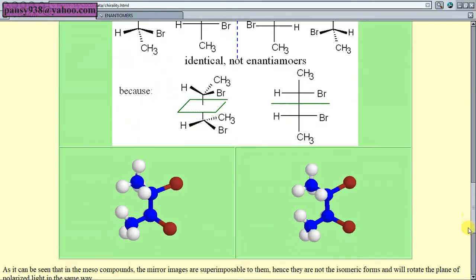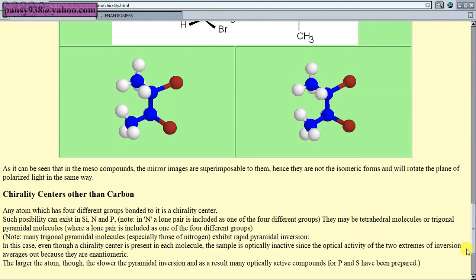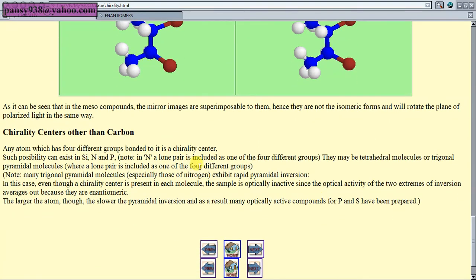Now, consider whether any atom other than carbon can have chirality centers. Yes, there are examples in which atoms other than carbon can have chirality centers.